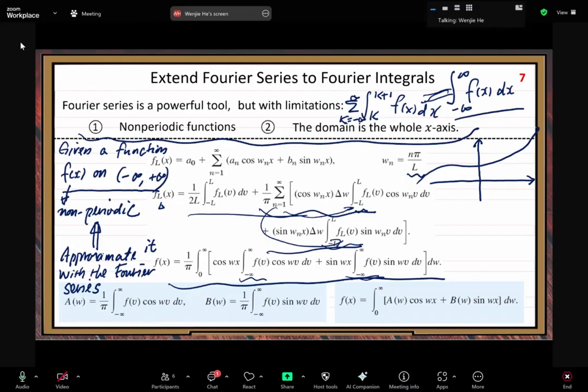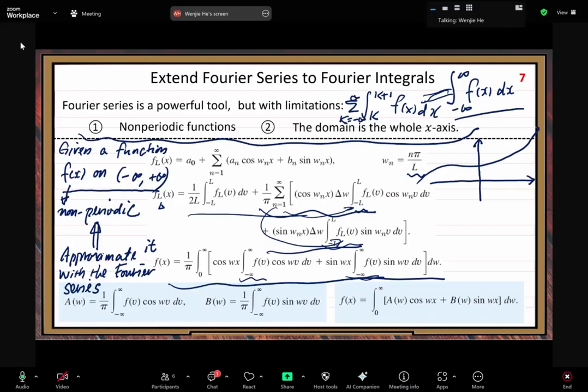Because you cannot apply Fourier expansion on this function directly, can we do some special operation on this function so that we can apply the Fourier series expansion? That's the question.